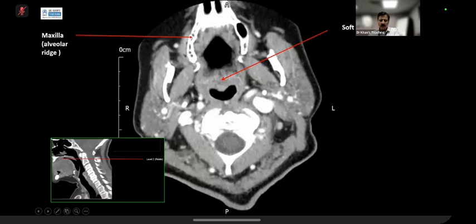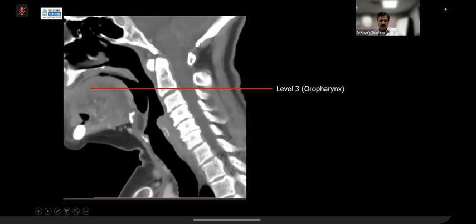It all depends on your patient and how the slice is oriented. So don't get confused. This is the slice, and this is the soft palate, the uvula here. A portion of the air in the oral cavity is visible here. This is the alveolar ridge of the maxilla.